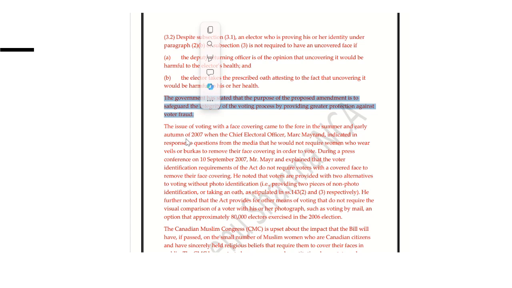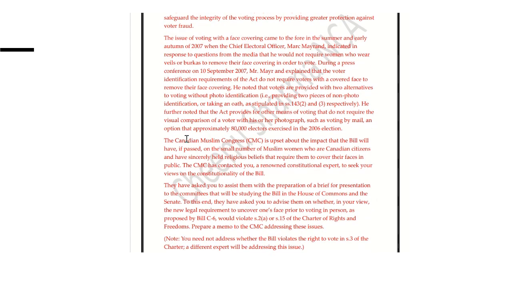So you have to go by the harm principle and all those things. The Canadian Muslim Congress is upset about the impact the bill will have on Muslim women who are Canadian citizens and have sincerely held religious beliefs that require them to cover their faces in public.